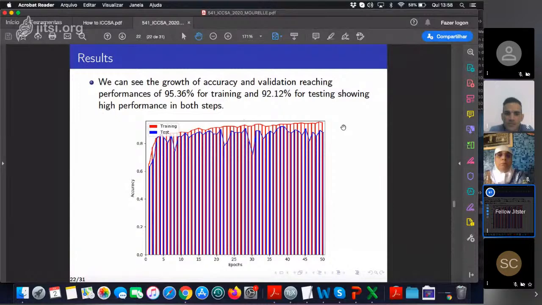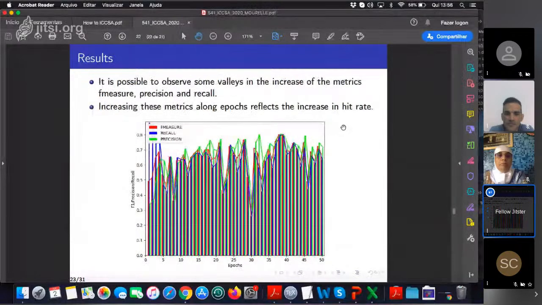High performance in both steps. It's possible to observe some increase in the metrics F measure, precision, and recall, but this algorithm also provides an increase in hit rate.